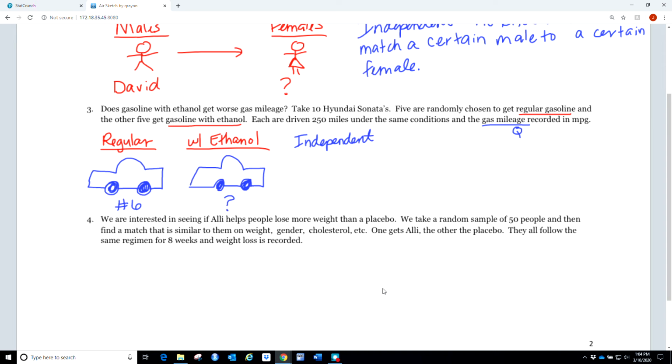Let's first write out why, and then I'll go back and explain why some people may have thought that it was paired.